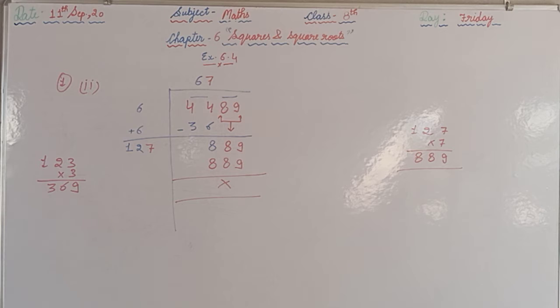In the next question, question number 2, we are supposed to find the number of digits in the square root of the following numbers.